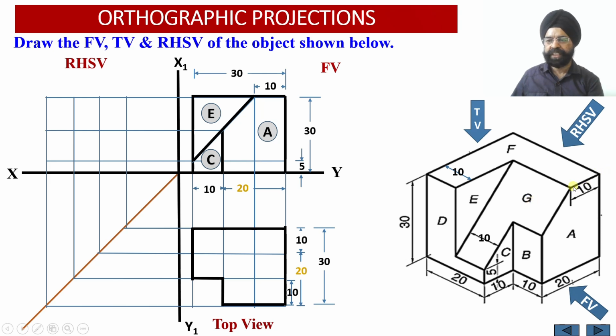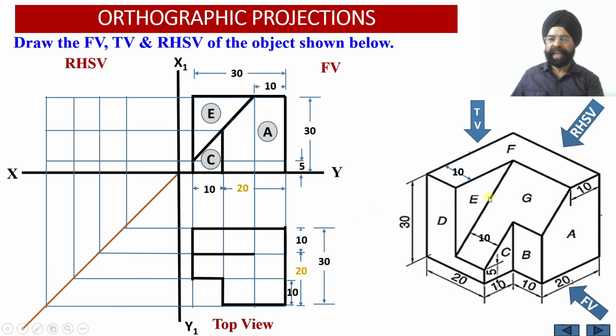This is the true shape corresponding to this edge, but refer to this edge of the surface G. It is a longer edge, but since it is inclined to the horizontal plane, it will appear as a shorter edge onto the horizontal plane.